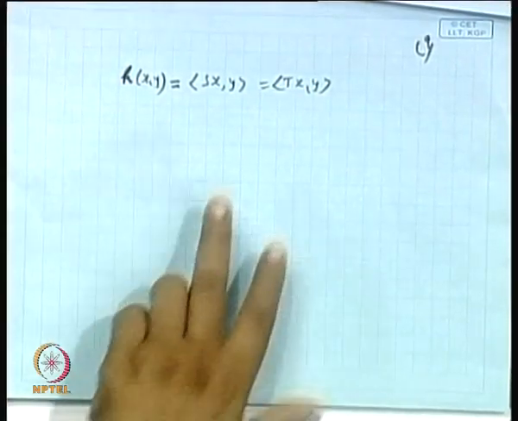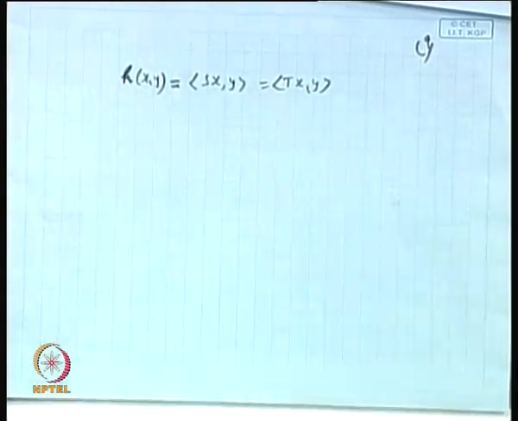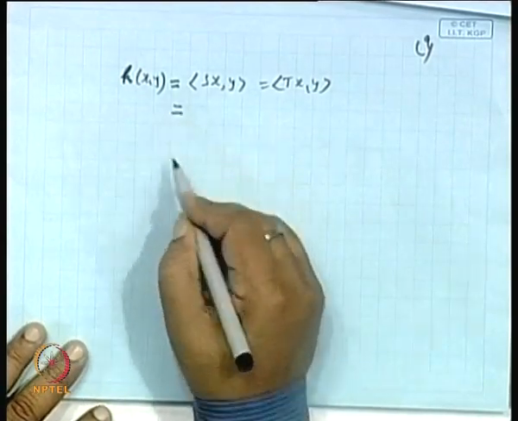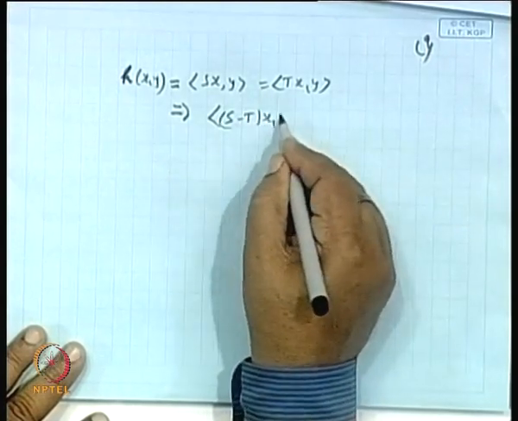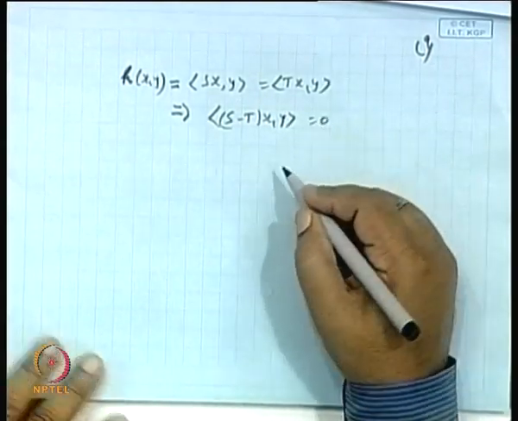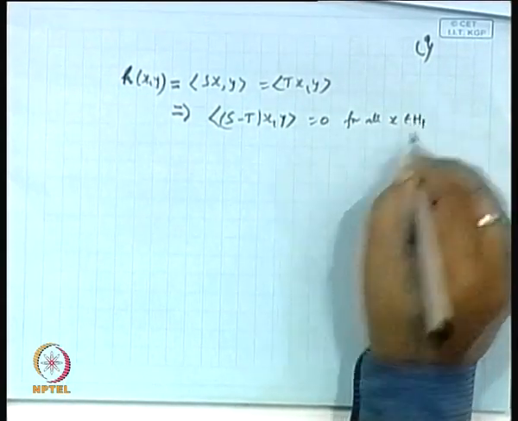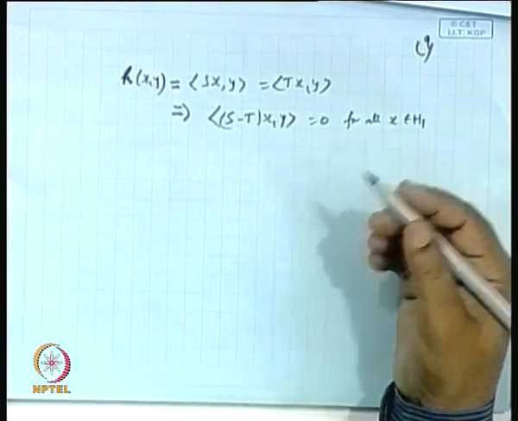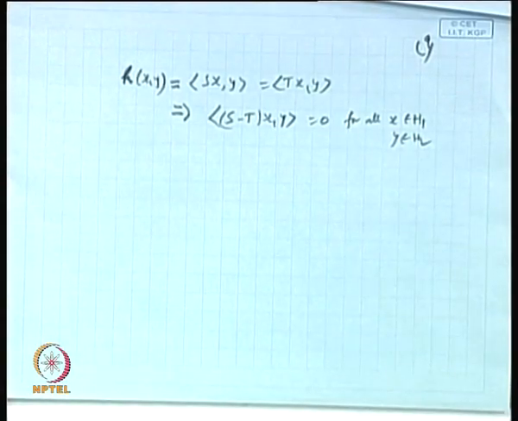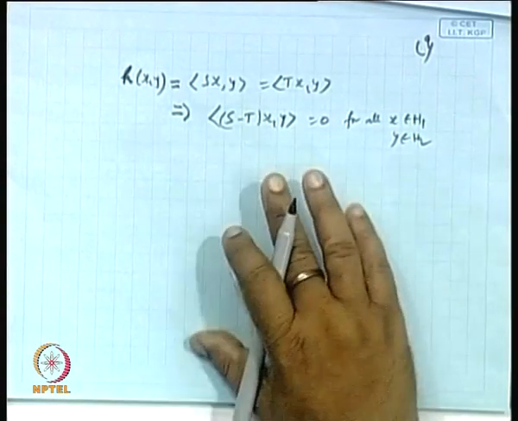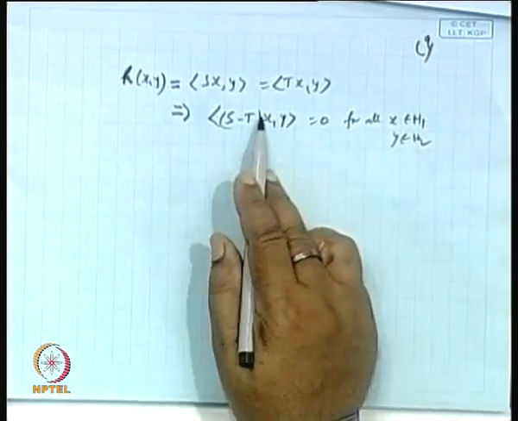Suppose we have the two representations of this h(x, y) in terms of the operators S and T, but this is equal to the inner product ⟨(S − T)x, y⟩ equal to 0. This is true for what? This is true for all x belonging to H1 and y belonging to H2. Is it not? Now, once this is true for all x and y, then what you can write, y is equal to this operator itself.